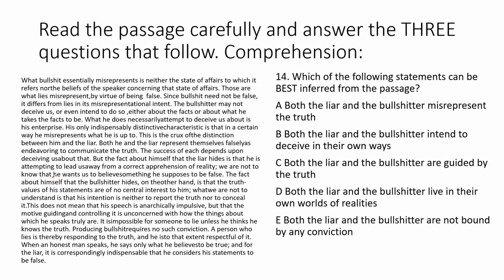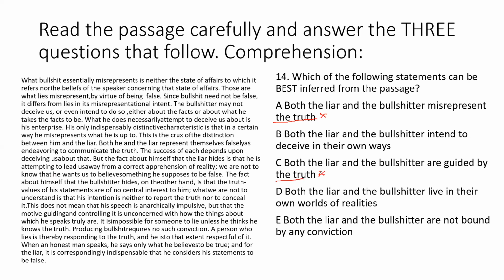But what we need to understand here is that the bullshitter is neither guided nor misguided by the truth, right? So if we look at this, option A is incorrect because the bullshitter does not misrepresent the truth. So this goes out. And even if I look in the same context, C is out, right? So the truth has no role to play with the bullshitter, so neither in misrepresenting nor in guiding.